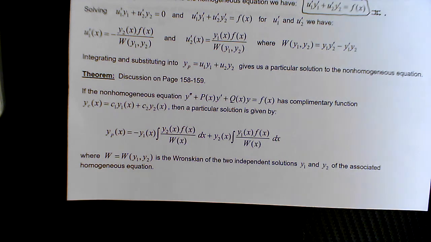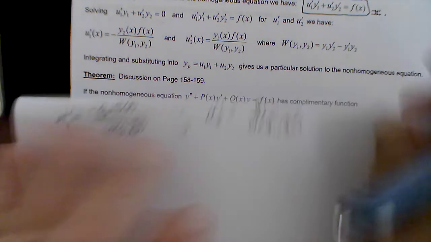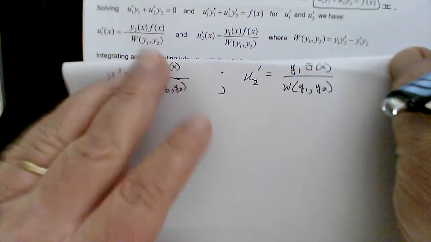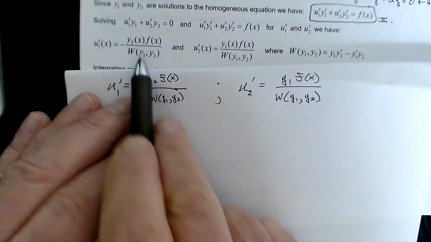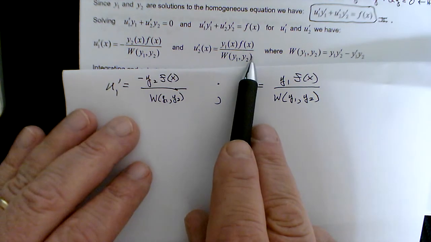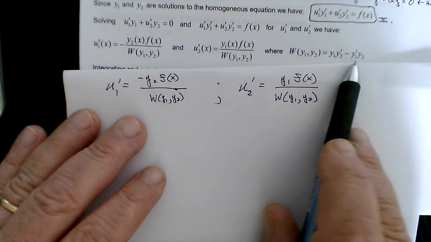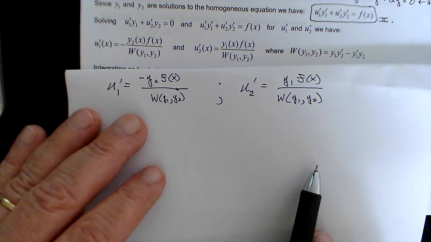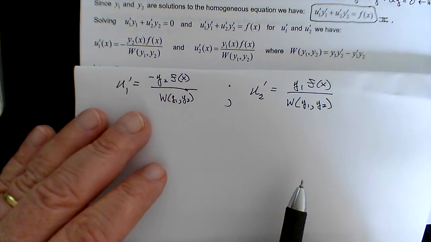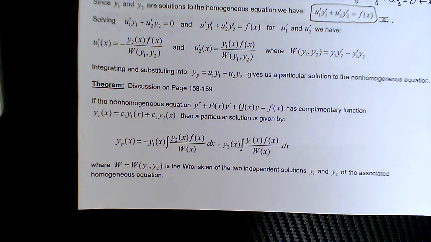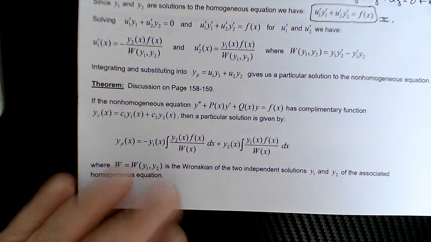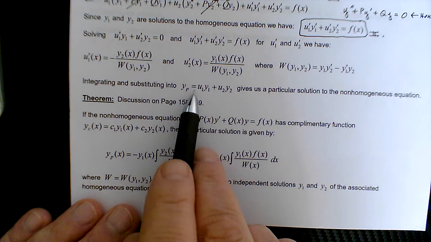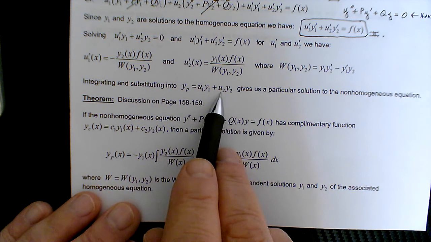At that point, I used functional notation for the y1s and y2s here, but you can see it's the same thing. Remember the Wronskian, what that is, you can calculate its determinant. So, pretty interesting, kind of cool. And then if we integrate that, we integrate each of these to get u1 and u2 respectively.